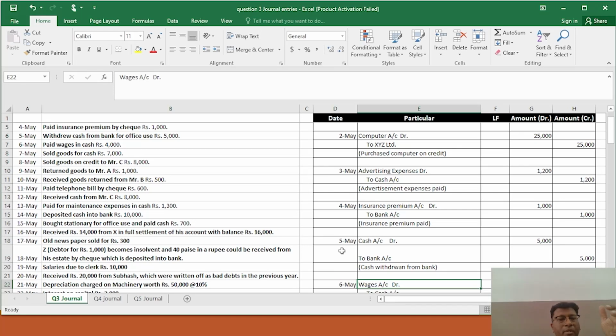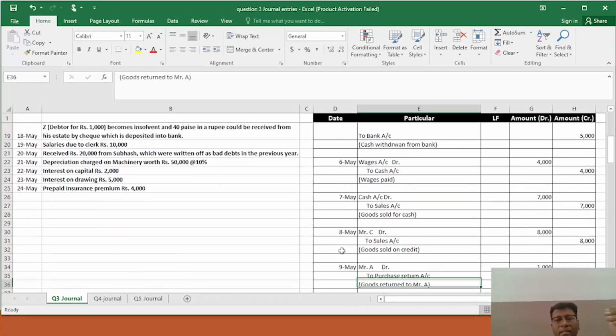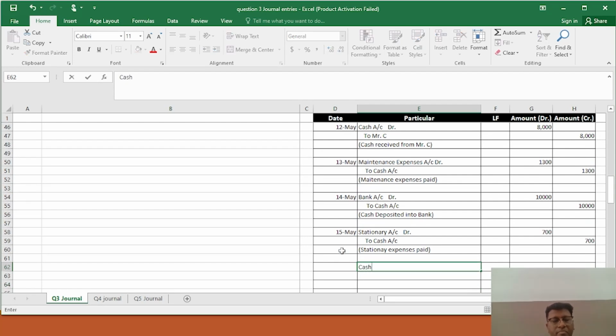You find the particular name, that is X. So the entry would be cash account debit 14,000 and discount account debit 2,000, to Mr. X.